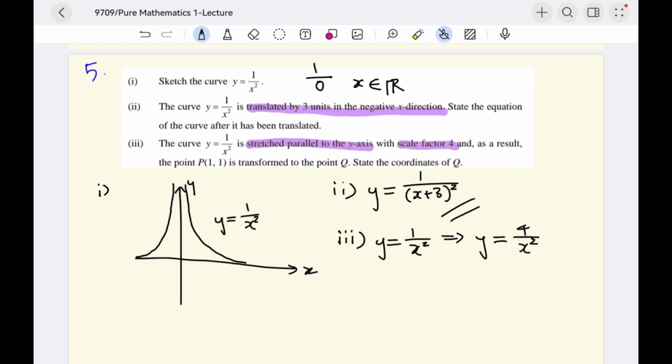Given that there's a point P (1, 1) that is transformed to point Q, you can see that only y is changed. Stretch parallel to the y-axis with scale factor 4 means that every y coordinate from the original curve will be multiplied by 4. Therefore, the coordinates of Q are (1, 4). That's the answer for the third part.